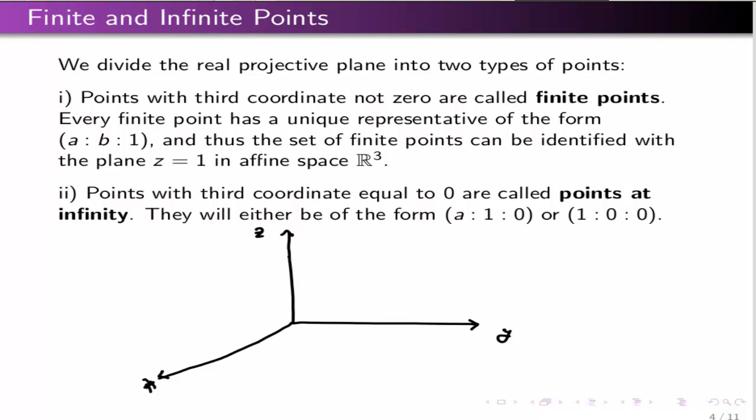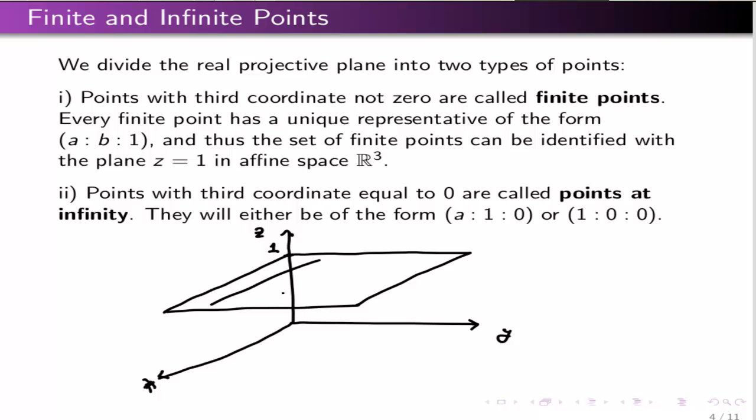And then up here we have this plane where z is equal to 1, like that. And just think of it as sitting parallel to the xy plane down here. Sitting up here parallel. Z equals 1.